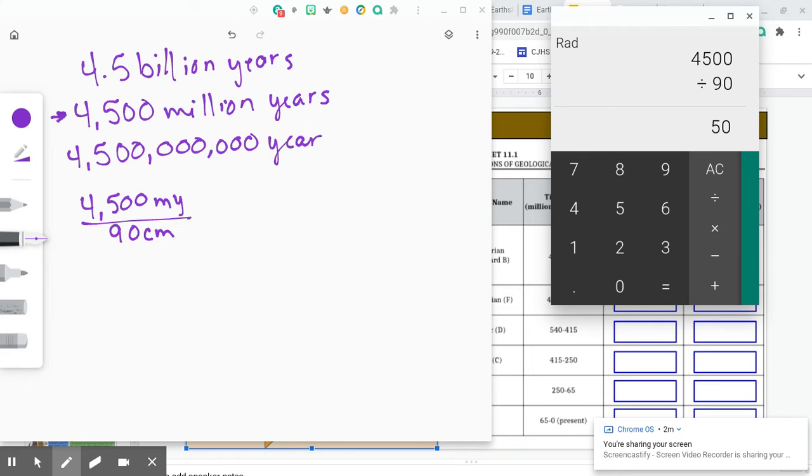And that is equal to 50 million years per 1 centimeter. That means for every 1 centimeter on our paper, that is equivalent to 50 million years. The Earth is really, really old, but to condense it down onto our paper, each centimeter is going to be 50 million years.